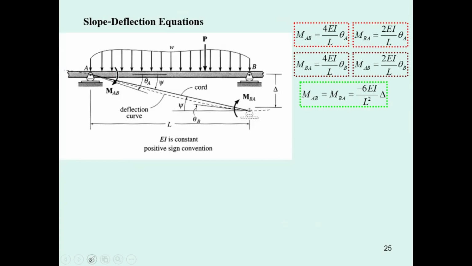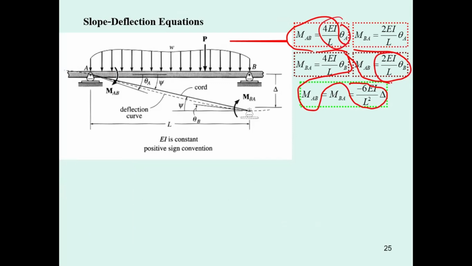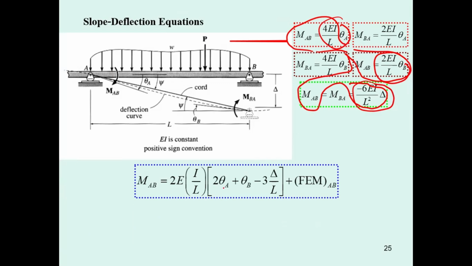We will combine M sub AB together: 4EI theta A, 2EI theta A, minus 6EI over L squared theta. Put them together, this is going to be 4EI theta A and this is going to be 2EI theta B, and this one is going to be the third term.